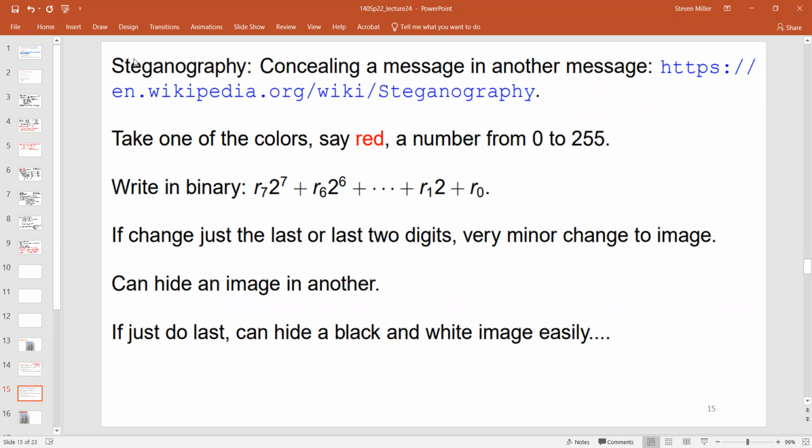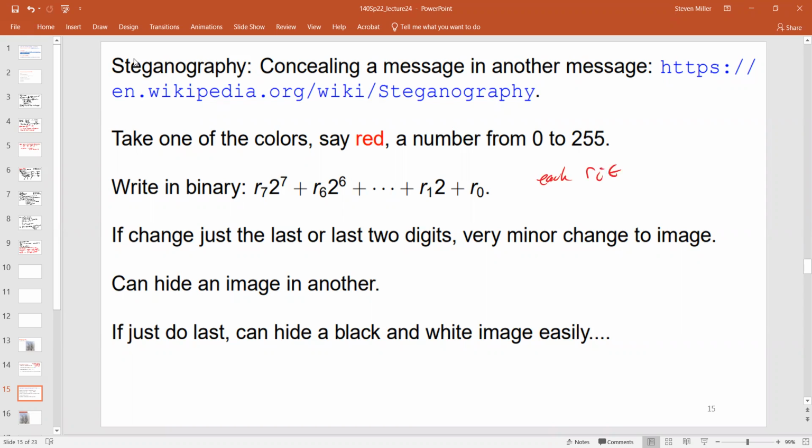And so the idea is the following. Take one of the colors, red, and its numbers going from 0 to 255. So we can write it in binary: R7 times 2 to the 7, plus R6 times 2 to the 6, and so on. If we change just the last of the last 2 digits, it's a very small change. So each of these coefficients, what are the possible values for R0, R1, R2? We're writing things in binary.